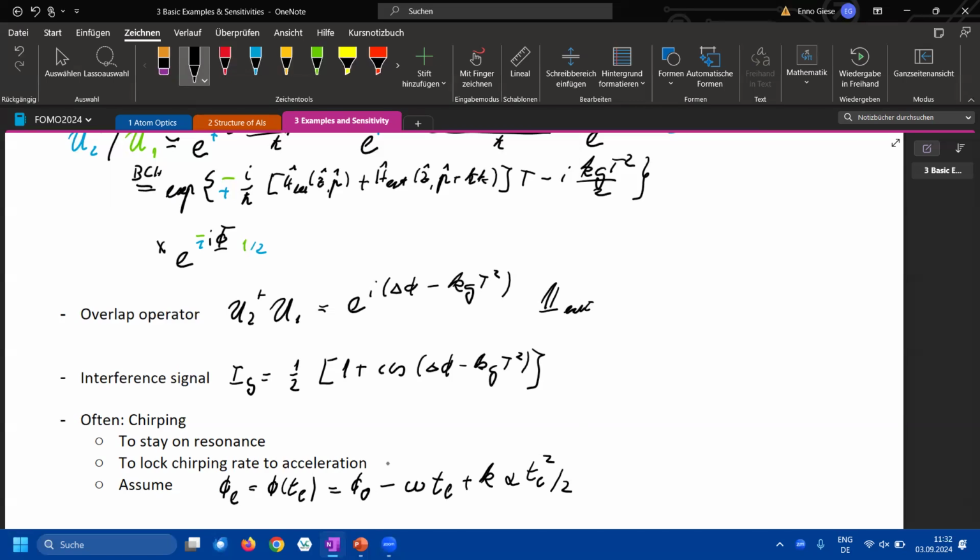And that's exactly what we had before when we were discussing the individual pulses. And alpha is the chirping rate.